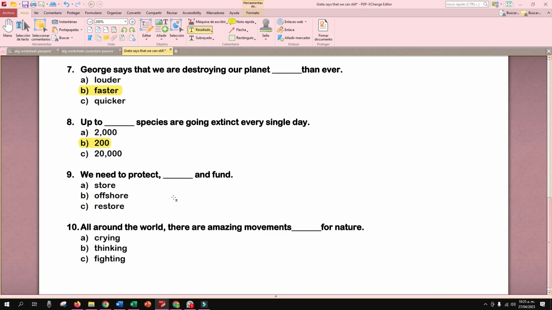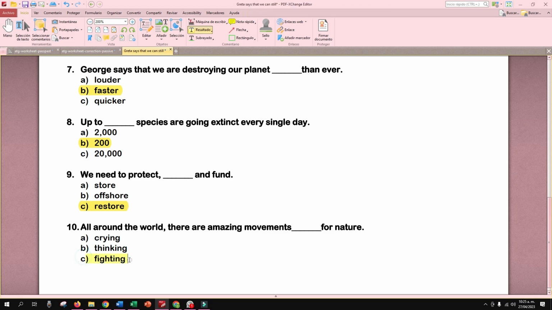That's great. We need to protect and found, stored, offshored, or restored. Restored. Do you remember those? Protect and restored. That's what we need, right? So all around the world, there are amazing movements for nature, crying, thinking, or fighting.